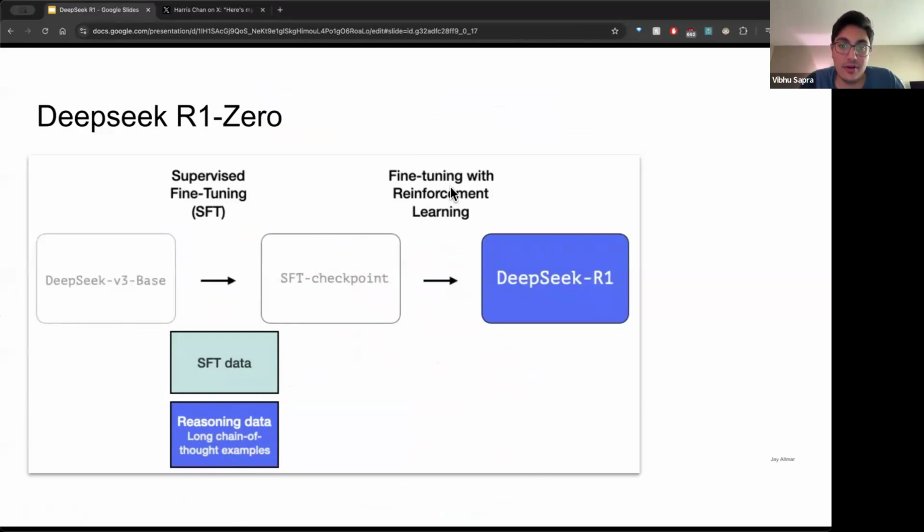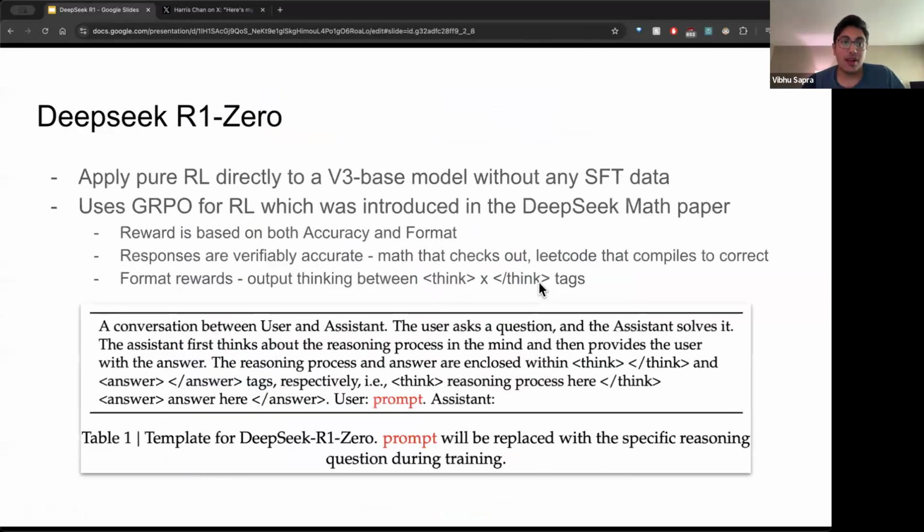Then they do fine-tuning with RL to get DeepSeek R1. So we're going to look in this middle step here, which is DeepSeek R1-Zero. This is where they apply pure RL directly to the V3 base model without any SFT data. They use GRPO for RL, which was introduced a little while ago, actually. This came out in the DeepSeek Math paper. There are a few different ways that the model is rewarded during this RL process.